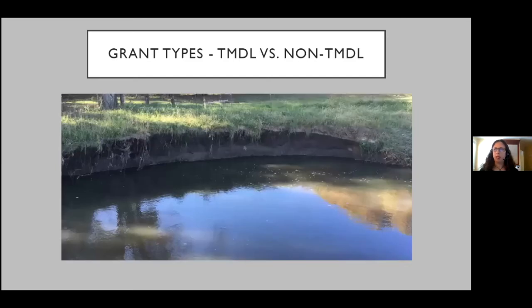So are there any conditions under which a TMDL TRM grant could fund stream bank practices? We learned earlier that TMDL projects can also address pollution sources for which there's no performance standard.